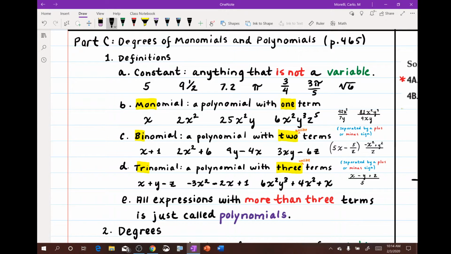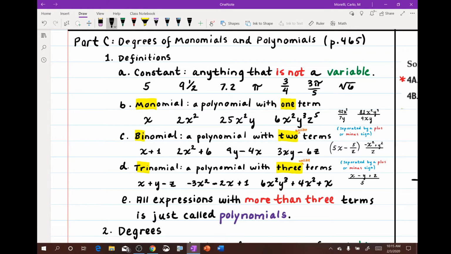And then even these over here, the little fractions, 42x squared over 7y. That is something that you could reduce, by the way. I'm looking at that and I see I could divide 42 by 7 and get 6x squared over y.